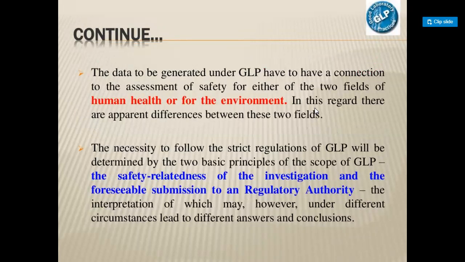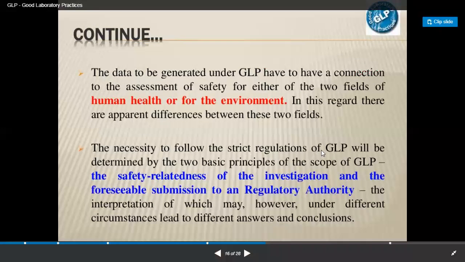The data to be generated under GLP have to have a connection to the assessment of safety for the two fields of human health and the environment. In this regard, there are apparent differences between these two fields. The necessity to follow the strict regulations of GLP will be determined by the two basic principles of the scope of GLP.